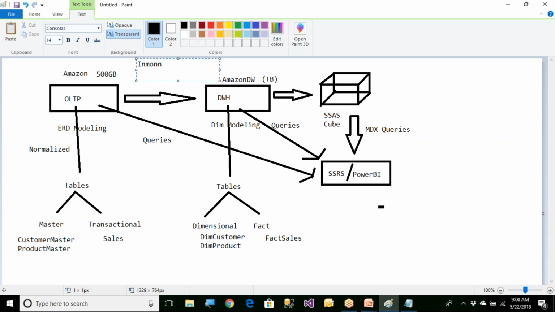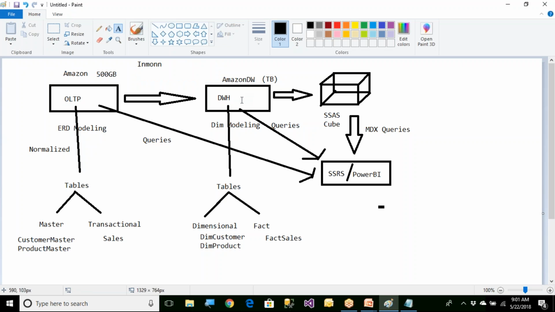So I'm talking about the Inmon methodology. According to Inmon, you take the OLTP database, derive it with the help of ERD modeling, and when you're creating a data warehouse also, you use ERD modeling only. You don't use dimension modeling. So if you wanted to create a data warehouse according to this guy, you have to use ERD modeling, which automatically uses normalization.